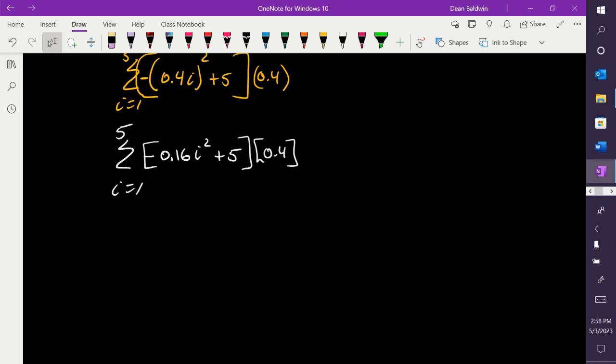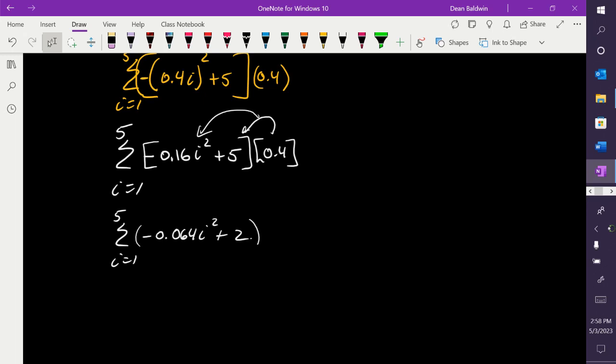All right. Now we dump this in. I need a calculator. What's 0.16 times 0.4? 0.064. So negative 0.064 i squared plus 0.4 times 5, which is 2. Are you with me?